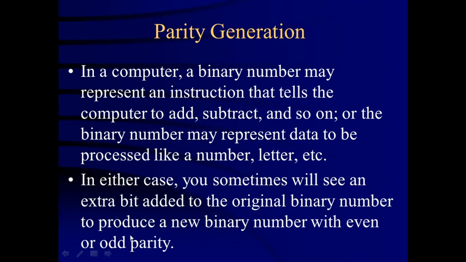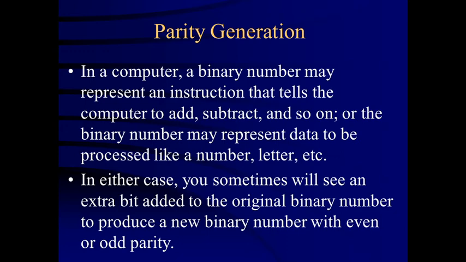Normally, your data is of 8 bits. That means this 8-bit data, represented as a binary number, may be representing alphabets, numbers or symbols, which may be subjected to arithmetic operations like addition, subtraction, etc. Or it may just be data over which this kind of operation is going to be performed.